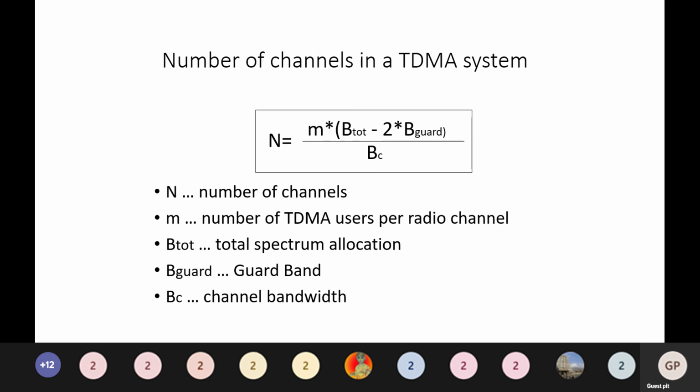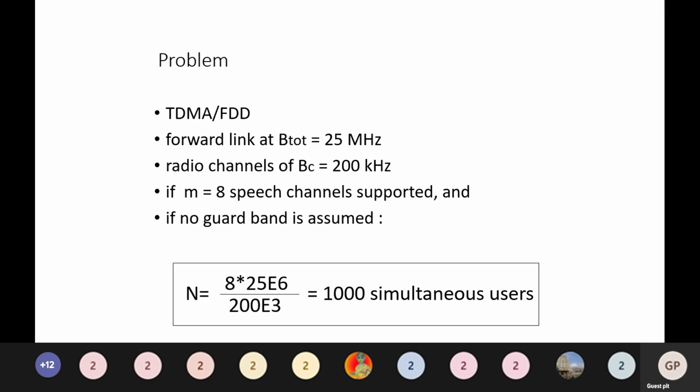So if you look into the problem here, TDMA over FDD system. In the forward link, B total is 25 megahertz, and the radio channel BC is 200 kilohertz. If 8 speech channels are supported and no guard band is assumed, you can just calculate: 25 into 10 power 6 divided by 200 into 10 power 3.